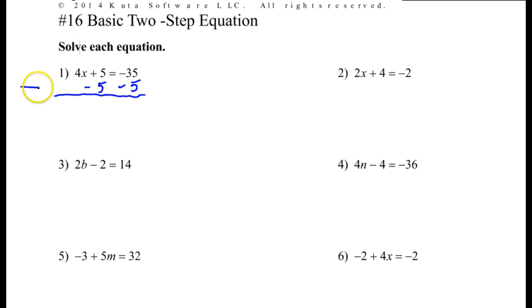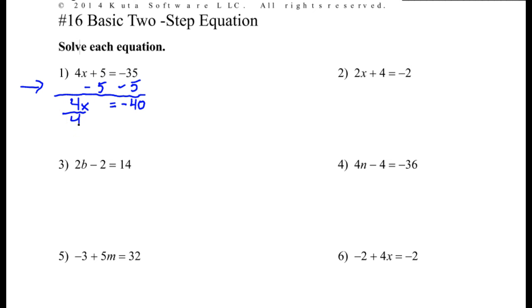So this is the 1 step. This is the format I'd like you to do it in as well. Remember to drop everything straight down. So 4x, drop that straight down. Equal sign straight down. And negative 35 minus 5, does that equal negative 30 or negative 40? Negative 40.